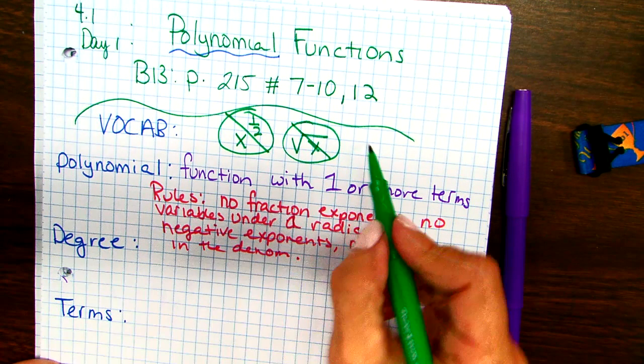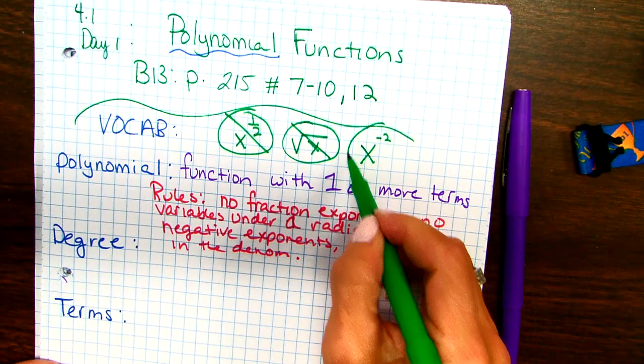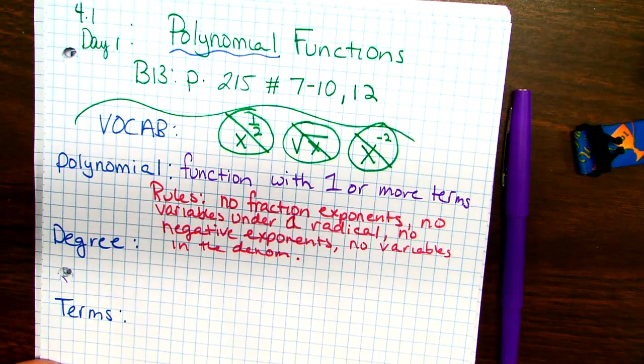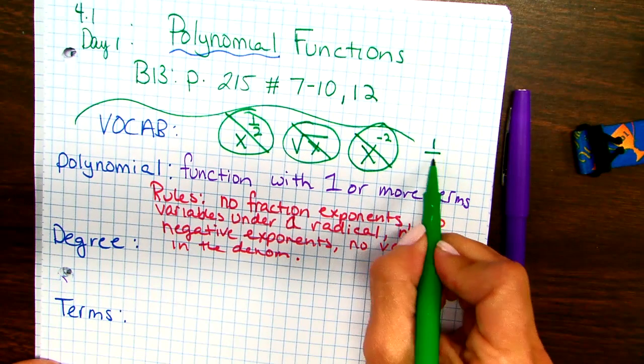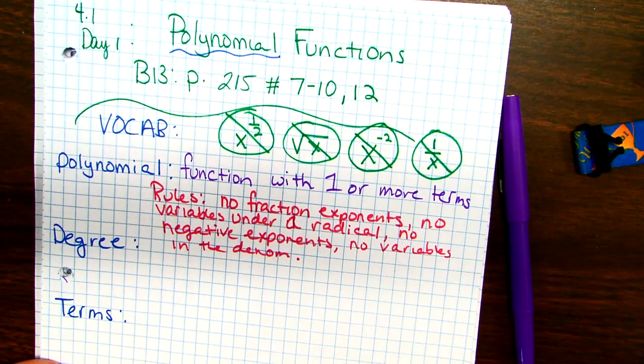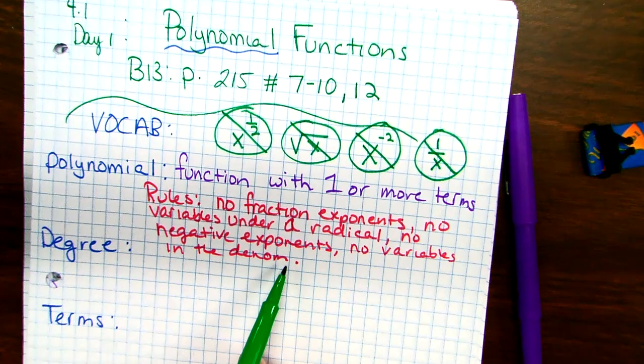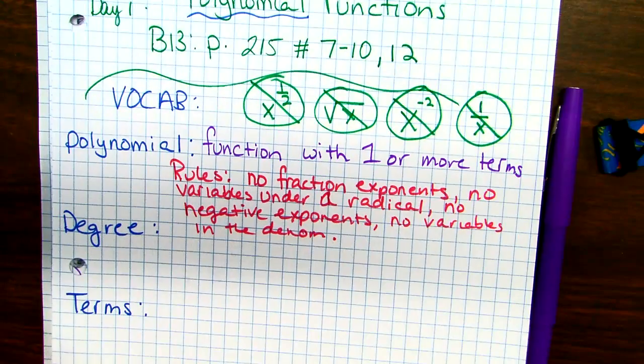No negative exponents. Exponents, again, are fine, but if it's negative, it's bad. And if we have a fraction, we should not have a variable in the denominator. No variables in the denominator. Sorry, I kind of got lazy with the rest of the word. Denominator.